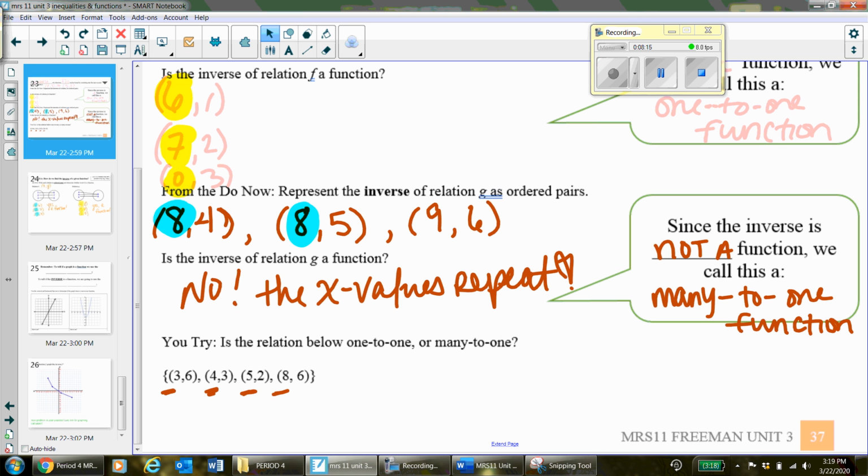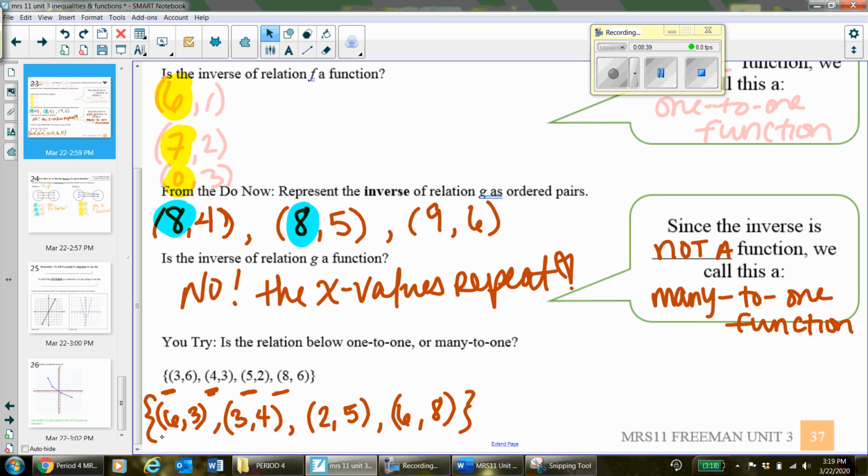None of my x values repeat, so it's a function right now. Let's look at the inverse. If I switch 3, 6, it becomes 6, 3. That becomes 3, 4. That becomes 2, 5. That becomes 6, 8.